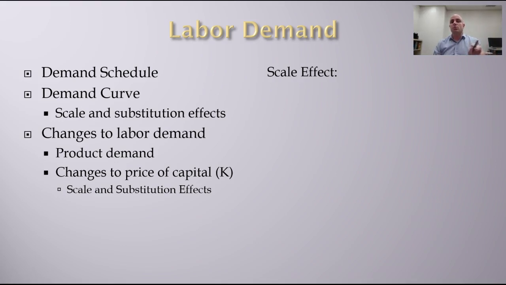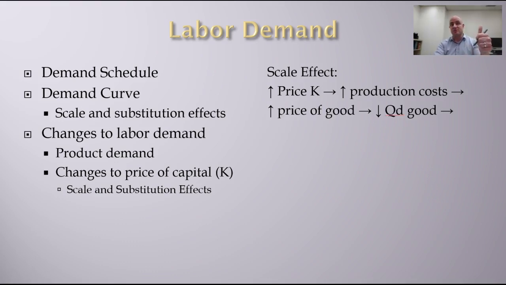Now, we talked about the scale and substitution effects with the demand curve for labor. Well, let's talk about the demand for capital for a second. When the price of capital changes, there are two effects, again the scale and the substitution. First, if the price of capital goes up, it's going to be more expensive to produce the good.